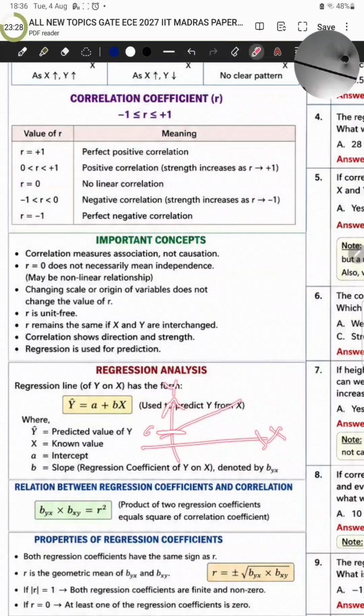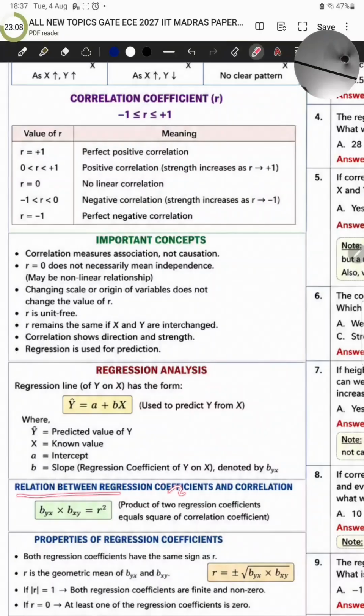This is the intercept, that is a, and x is the known value, and we need to predict y. b is the slope, the regression coefficient of y on x, denoted by b_yx.